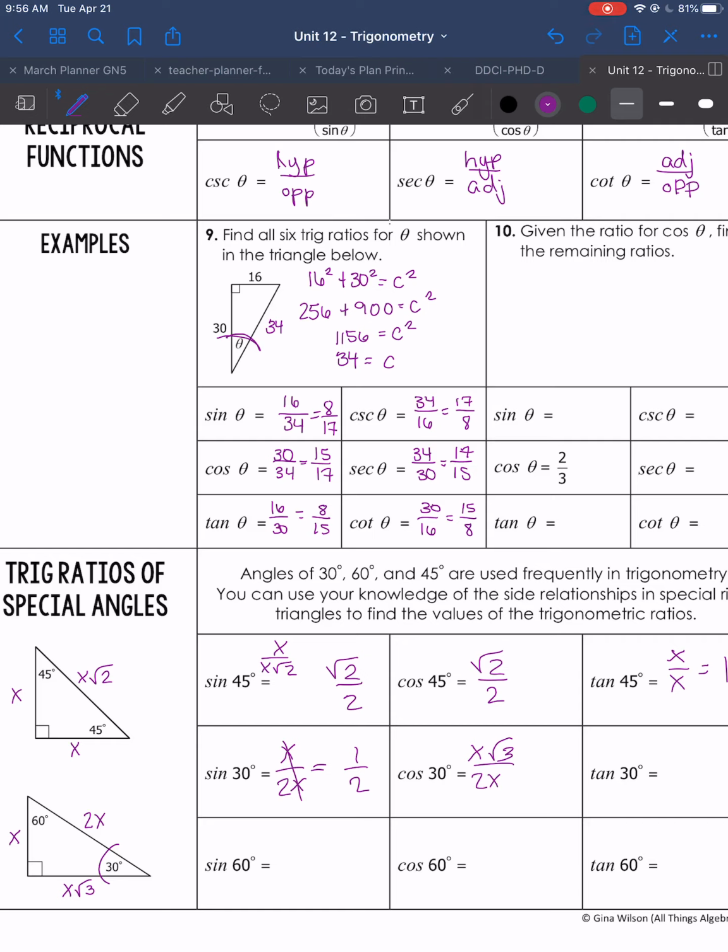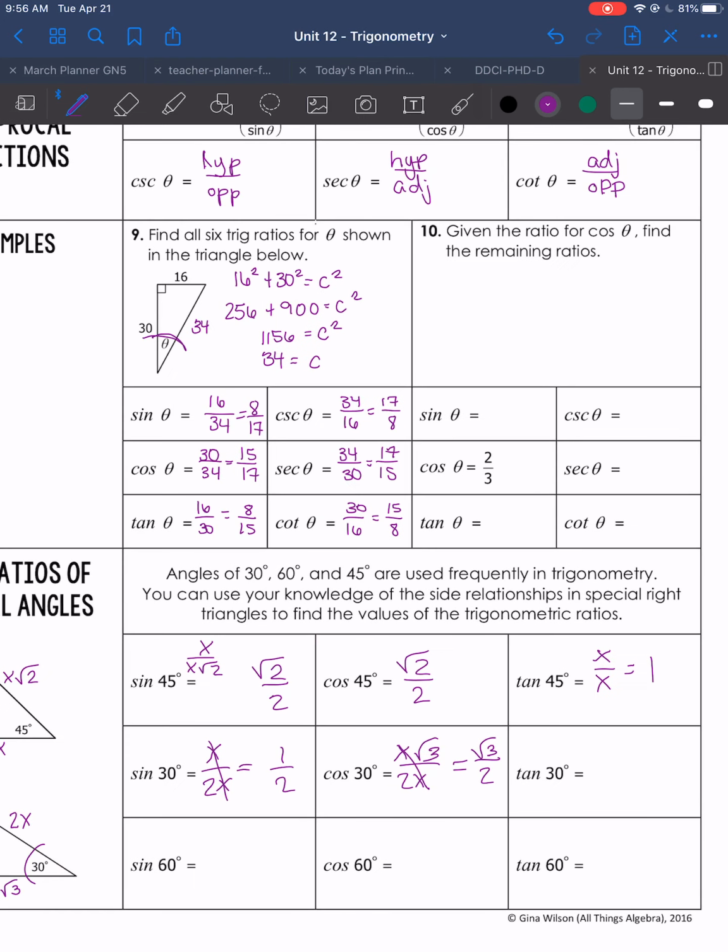So then you have to simplify that. The x's still go away, so you get square root of 3, not square root of 2. Square root of 3 over 2. And then tangent of 30, you would have x over x square root of 3. And when you simplify that, you get square root of 3 over 3.